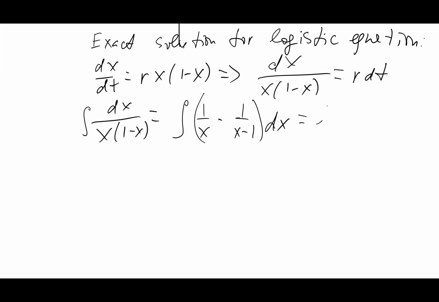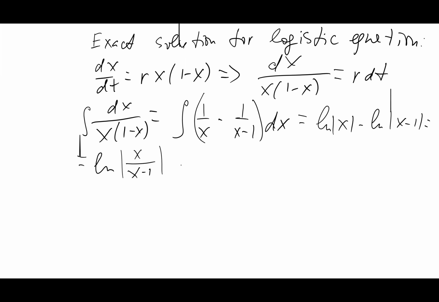This equals the logarithm of x minus the logarithm of x minus 1, which is the logarithm of x over x minus 1, say by absolute value. And this should be equal to the integral of r dt, which is r t plus a constant.